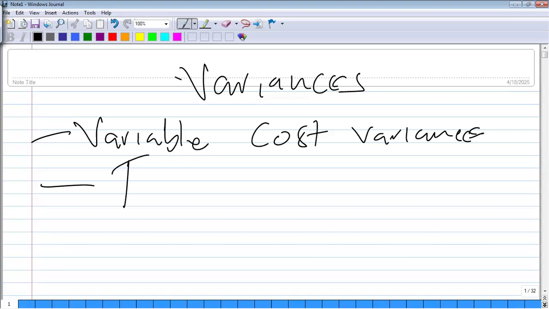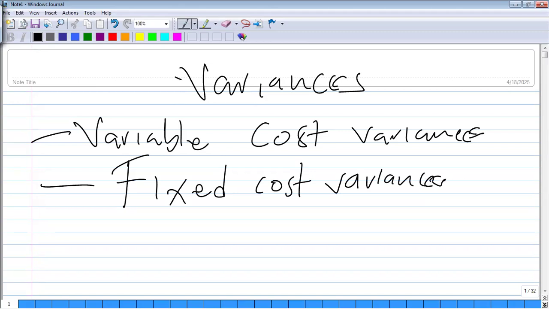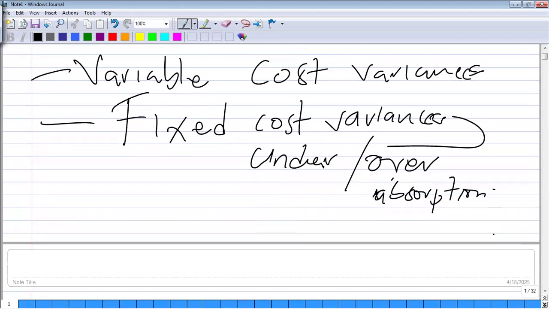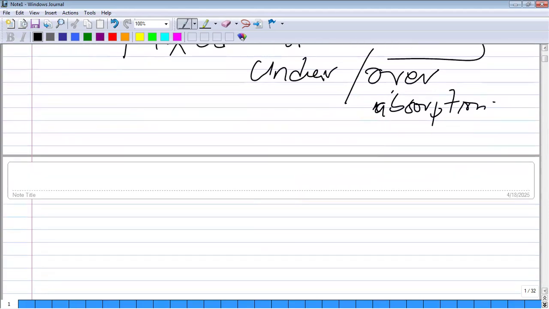Then we also looked at the fixed cost variances, where we emphasize that this attempts to explain the under or over absorption. So this attempts to explain what causes under or over absorption.